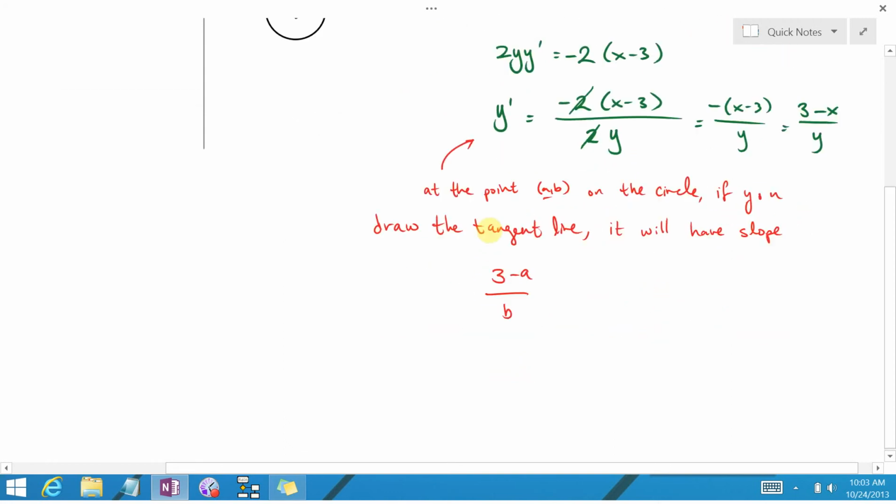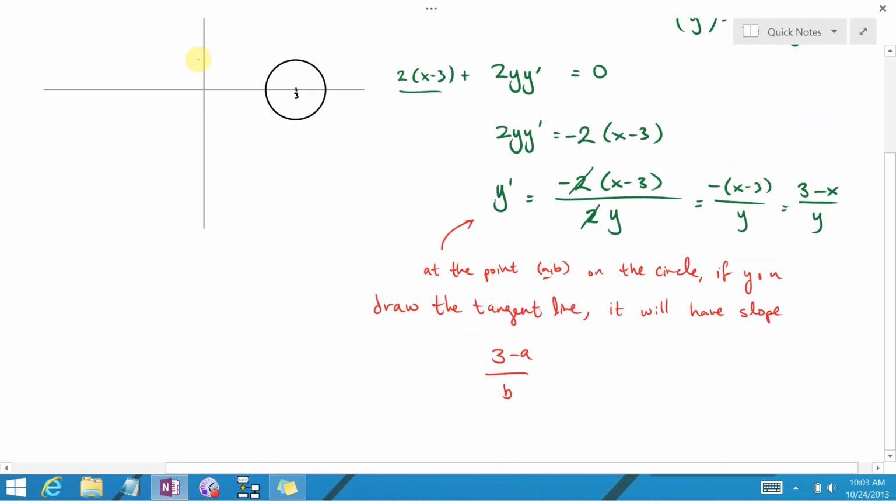Let me just quickly draw here. Let's say we pick the point x = 3, y = 1 or −1. We have two options. But let's just say the point (3, 1), which is the top point of the circle. If we draw the tangent line here, you can obviously tell just for geometric reasons it should be horizontal, so we would expect the slope to be 0.